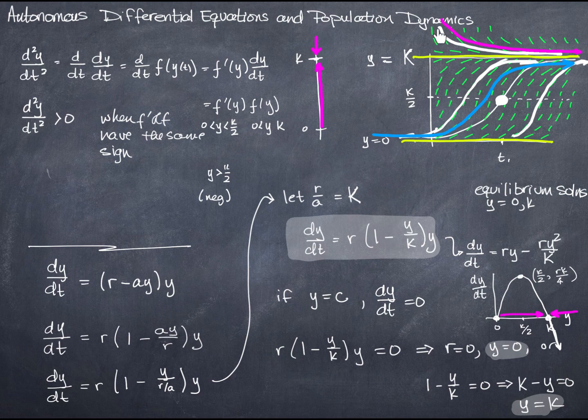They may reproduce, but they're going to be dying off at a faster rate than they can replace their own numbers. And so their numbers will still approach this carrying capacity, even if they start above that value, and perhaps particularly if they start above that value.